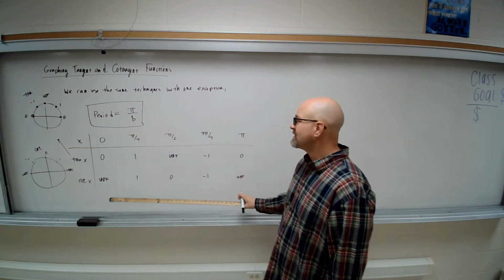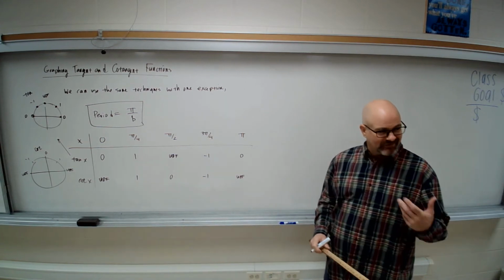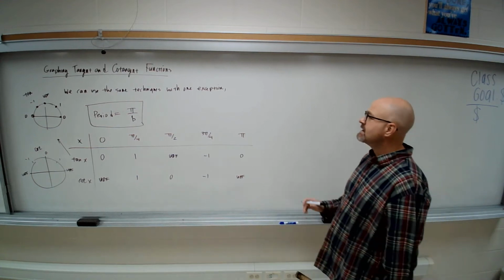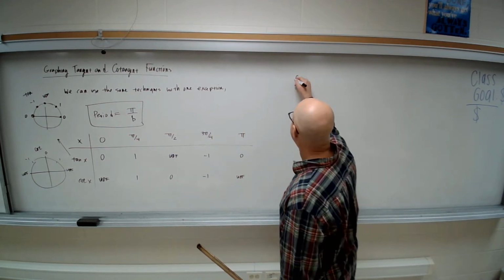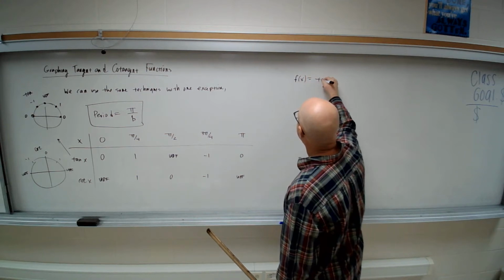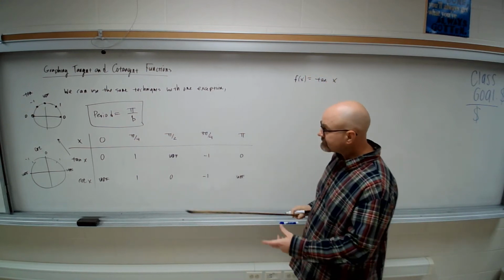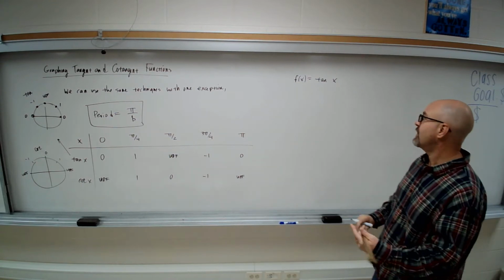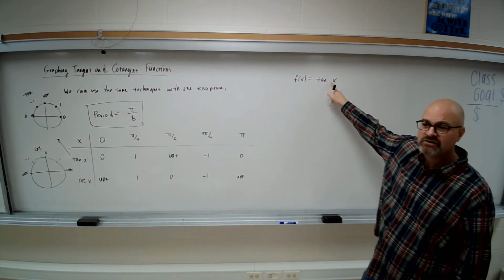It's nice to know some tangent values, so we don't always have to use the sine over the cosine or y over x. So our first graph that we're looking at here is f of x equals the tangent of x. These are the values that we want to know. If you look, there's no b value here, there's just 1.